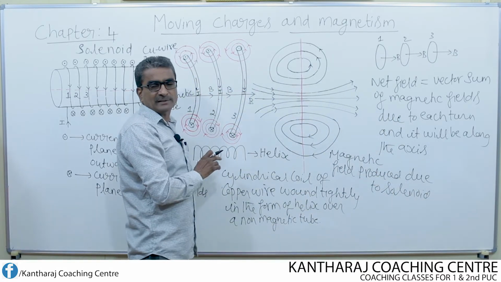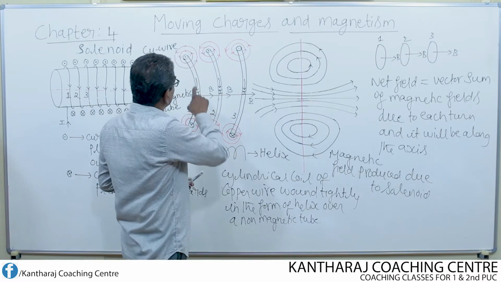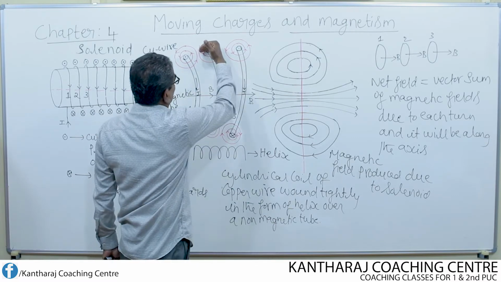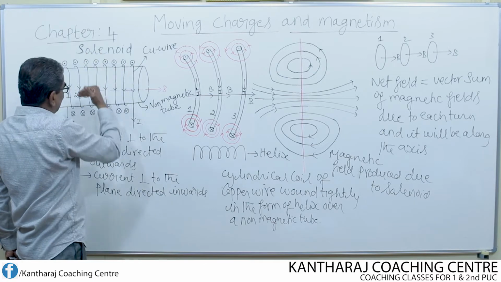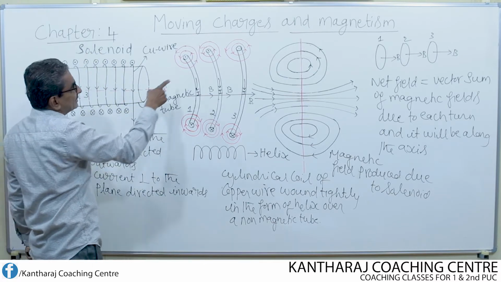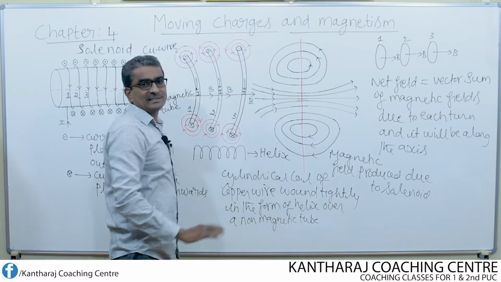The second figure represents the magnetic field produced due to each turn, and what will be the direction of magnetic field both at the top of the solenoid as well as at the bottom of the solenoid. That means here and here the current directions are changing. If the current direction changes, the field direction also changes. So that is what we have represented in the second figure.